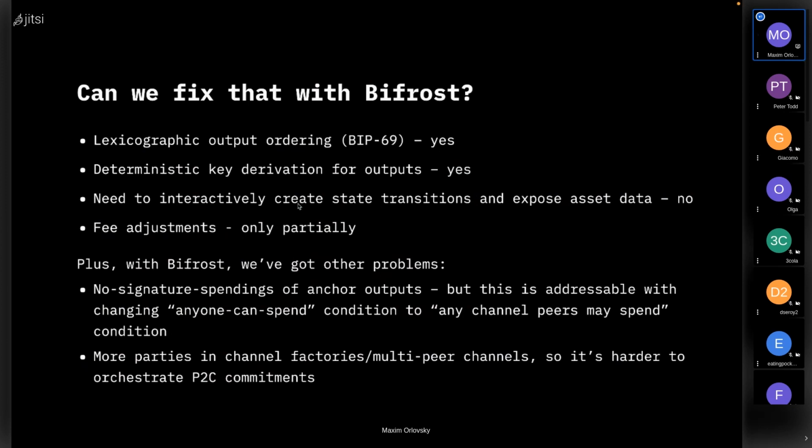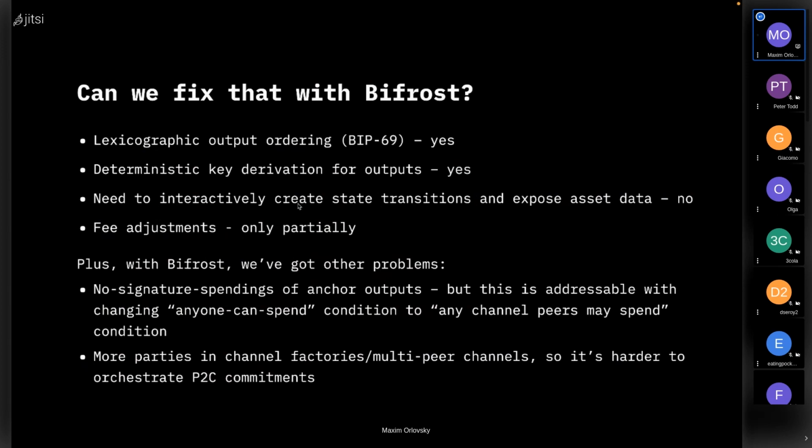And unfortunately, because it uses Taproot, it brings more problems. For instance, in Lightning Network, there are outputs that can be spent without any signature. You probably don't know that, but these outputs were introduced by the Anchor Outputs feature of Lightning Network. After a certain period of time, these outputs can be spent by anybody who knows about that output without providing any signature.